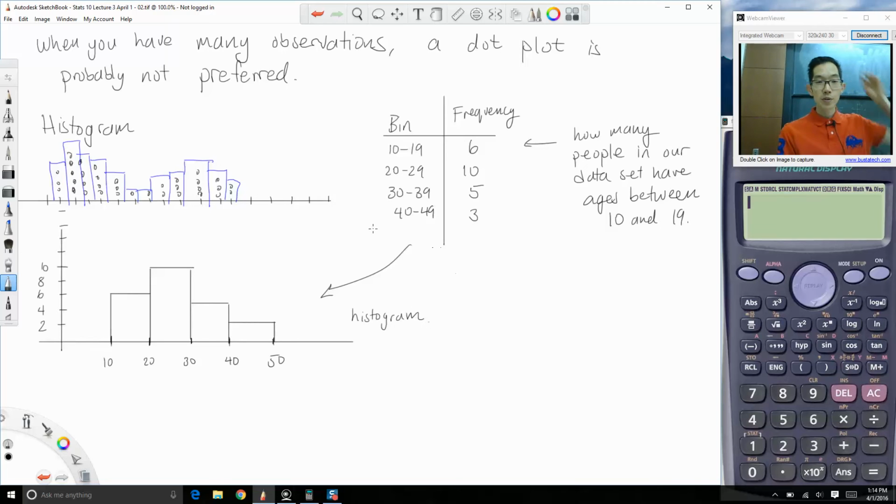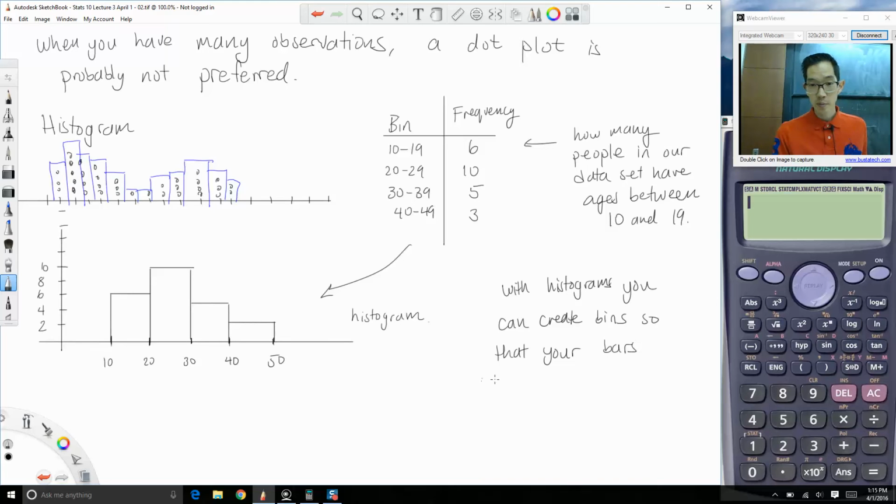Okay, so you could have bins that span 10 values like we have here, or you can have bins that just span 1 value. Okay, or anything in between. So with histograms you can create bins so that your bars span several values.